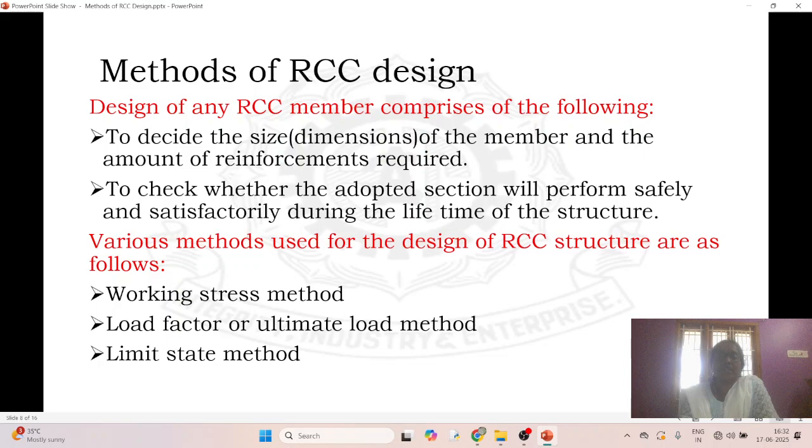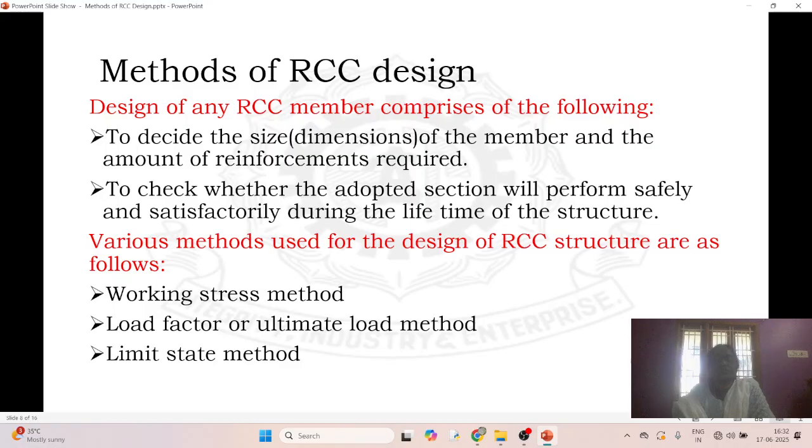The first one is to decide the size of the member and the amount of reinforcement required. The second one is to check whether the adopted section will perform safely and satisfactorily during the lifetime of the structure.